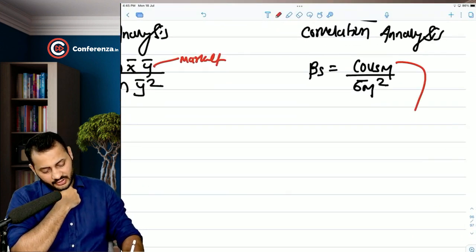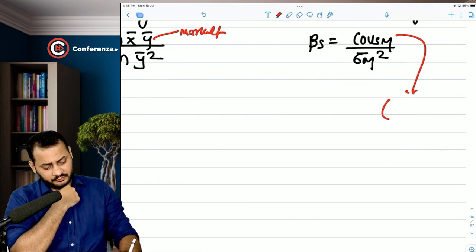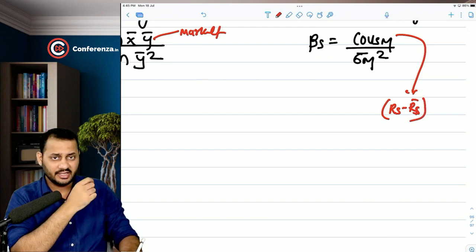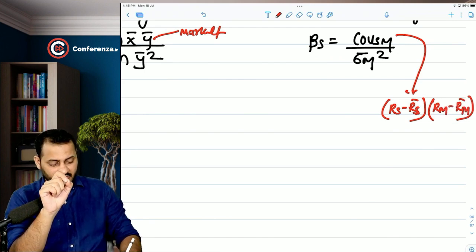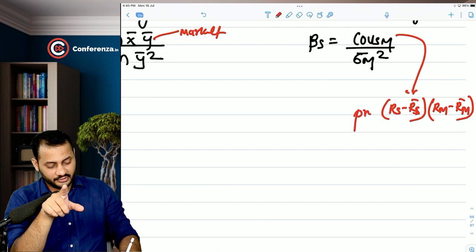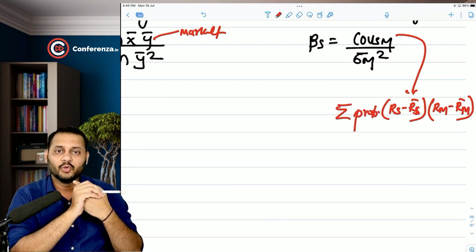Now tell me how to calculate the covariance of the stock with the market. It's very simple, sir. RS minus bar RS, the deviation of the stock's return and the deviation of the market's return. Am I right? And then since probability is given in the question, you are going to multiply it with the probability and then summation. Am I right? Covariance.